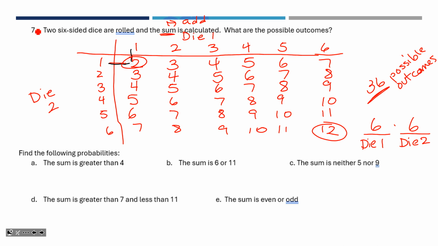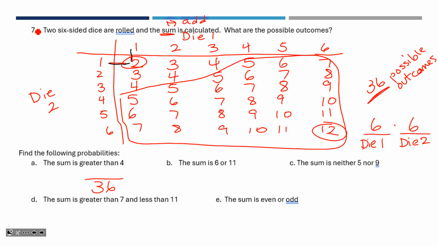Find the probability that the sum is greater than 4. So out of 36 possible outcomes, how many of them are greater than 4? Greater than 4 would be 5, 6, 7, 8, 9, 10, 11, or 12. So basically, you have to count up how many numbers are here.